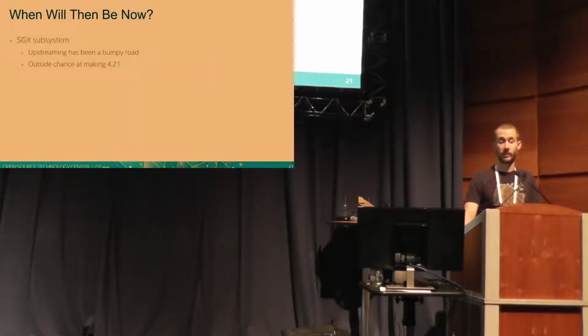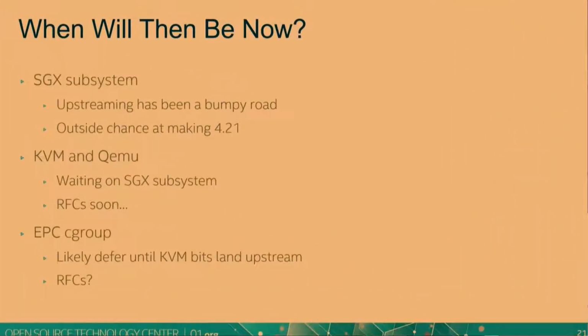As far as upstreaming, it's been a very bumpy road. I could spend an hour talking about why it's taken so long to get SGX base support upstream. Because of the EPC management, KVM is dependent on that. There's an outside chance it'll make 4.21, but at this point, that's not looking very likely. So from a KVM perspective, we're waiting on the SGX subsystem.